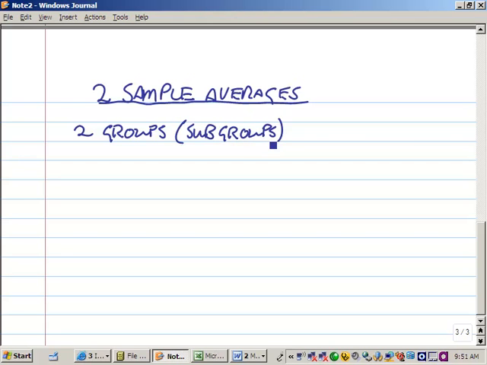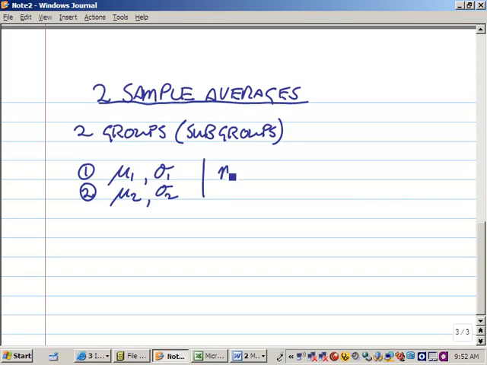But essentially two different groups with their own population parameters, the averages, standard deviations. So let's call them group 1, group 2. For each group there will be a population mean, mu1, mu2, and a population standard deviation, sigma 1, sigma 2.